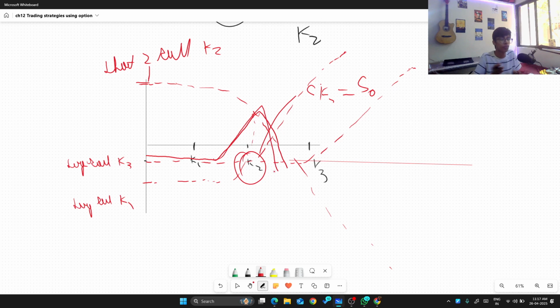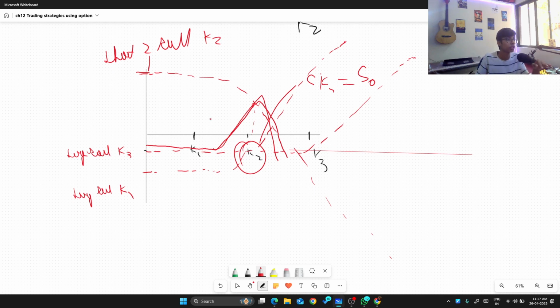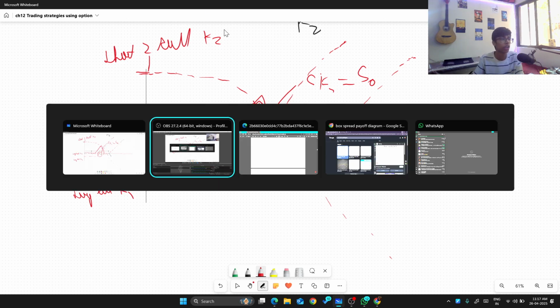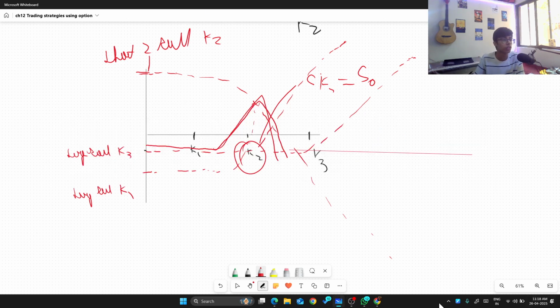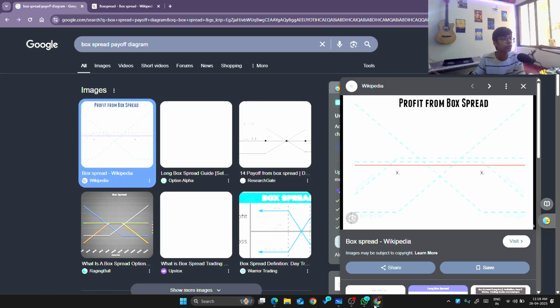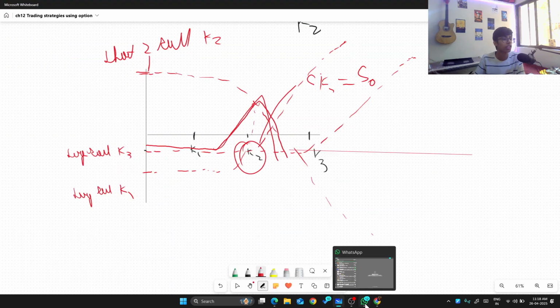And if the price diverts more, we will be at a loss, but it would be a capped loss, right? The loss would not be so much. And the diagram I should show you because it is easy to understand. Very easy.